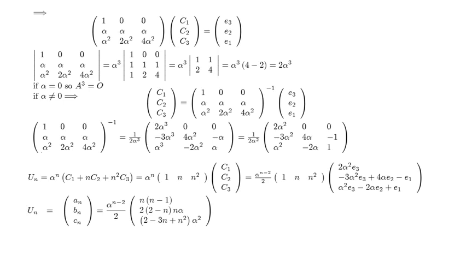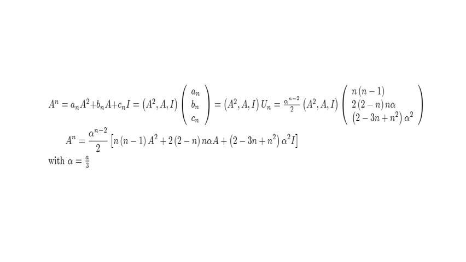It's as follows, and U_n has this formula, and a_n, b_n, directly we obtain a_n, b_n, and the n power of A is like that, and simply has this formula with alpha equal to the trace of A divided by 3.